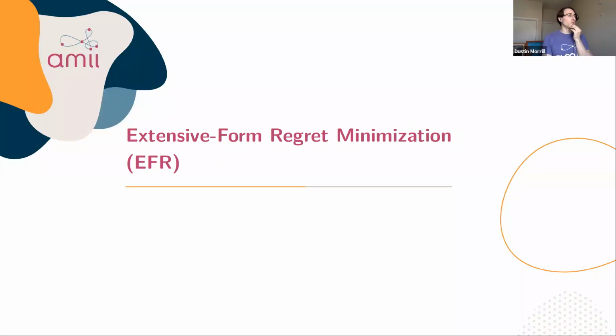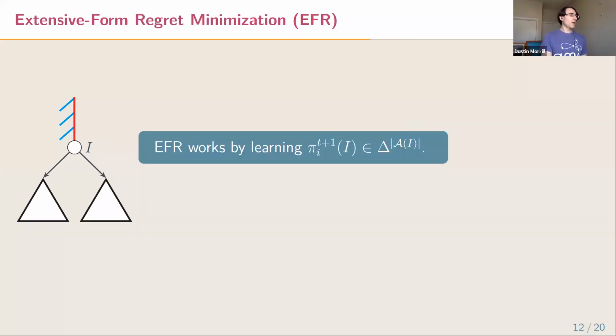Okay, so I'm going to now talk about our new algorithm called extensive form regret minimization, or EFR. So EFR works by learning these immediate strategies at every information set I over time.